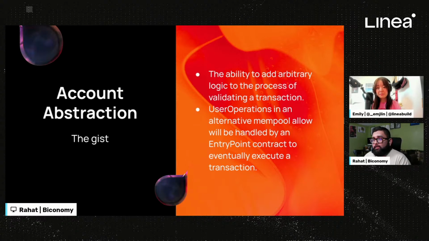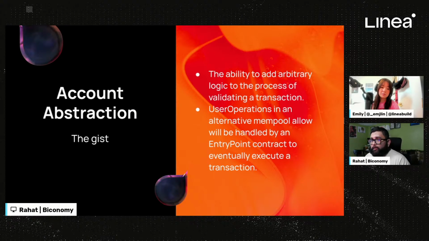So when we're looking at these transactions, we're actually looking at them through a different lens. Instead of being called traditional transactions, they're known as user operations. So user operations are just a new way of looking at transactions through the account abstraction flow. User operations exist in what's called an alternative mempool, and these are all eventually handled or executed by an entry point contract.